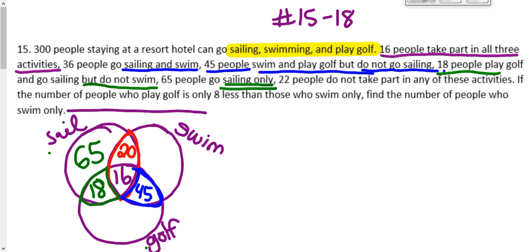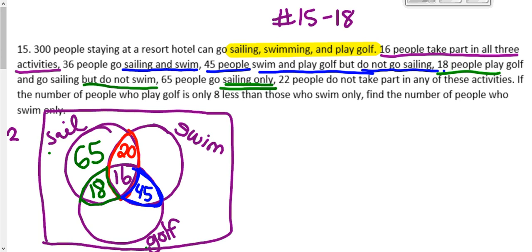So if our universe is 300 people, then there are 22 people who are outside of all of those circles. So we do have 2 blanks. We have a blank here and we have a blank here. So let's look at the question that they're asking us.